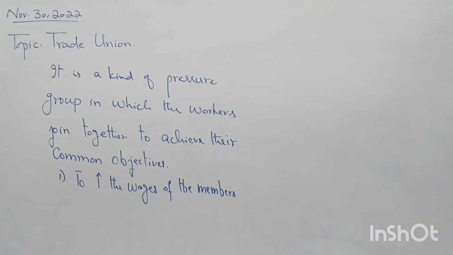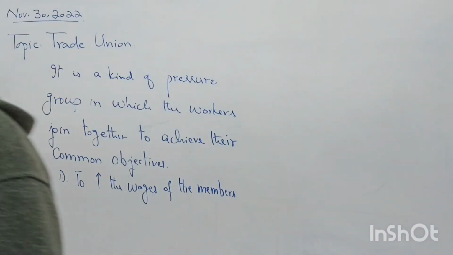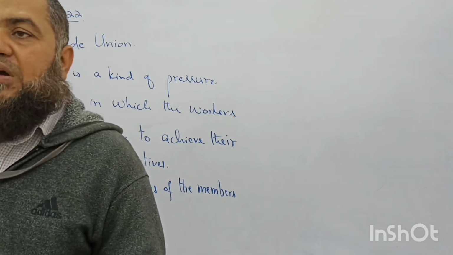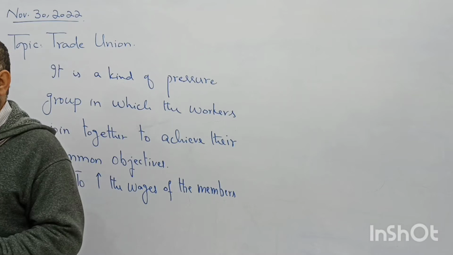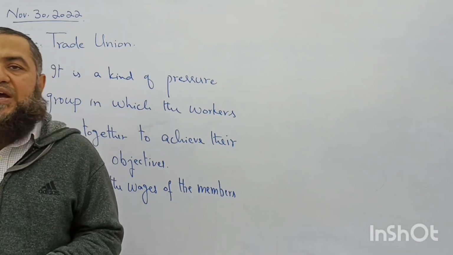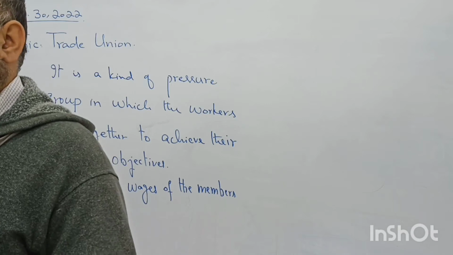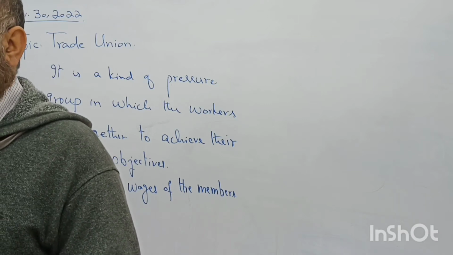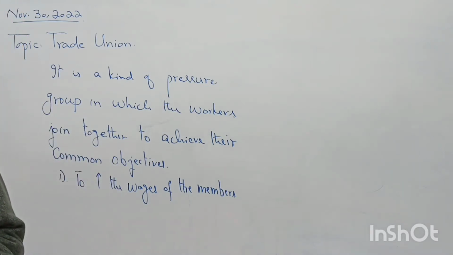So why are the trade union members always raising their voice to increase their wages? The reason behind it is that when inflation increases in the country and the general price level increases, their real wages will go down.